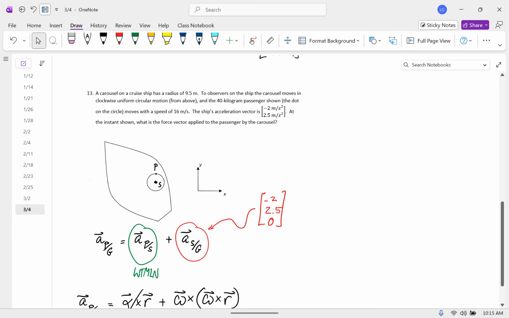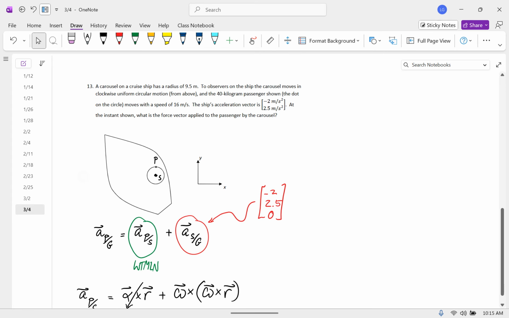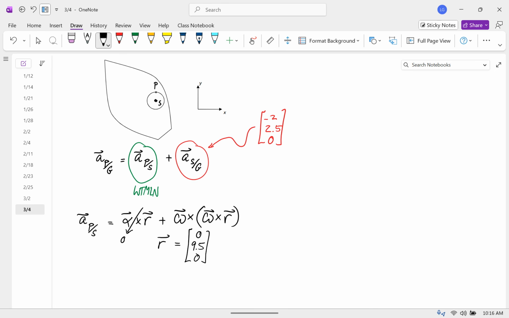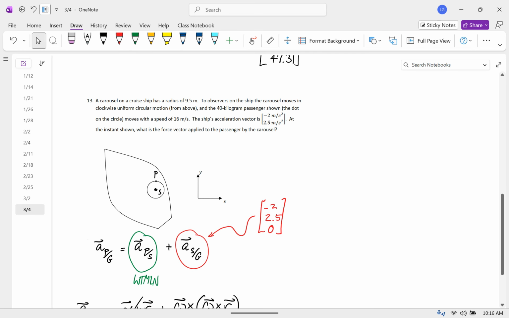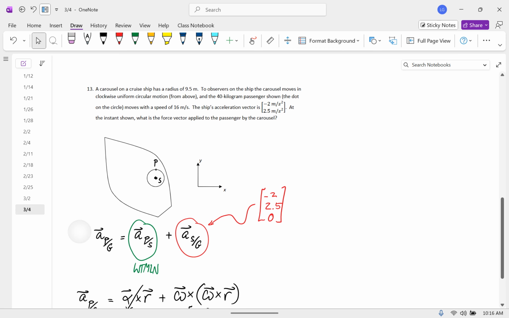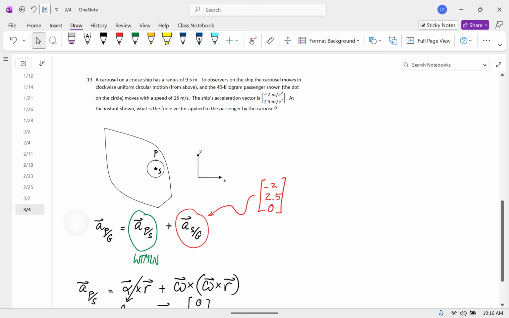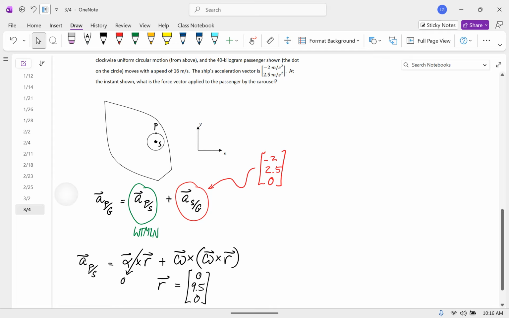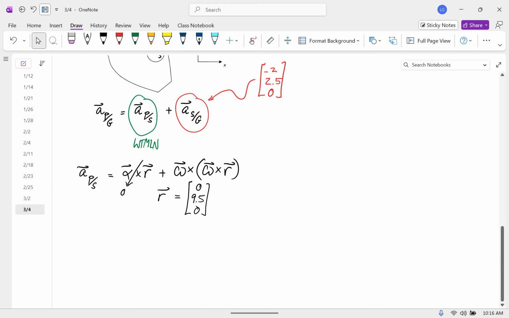R is equal to, this has a radius of 9.5 from the center of the circular motion. The passenger is in the positive y direction. So this is 0, 9.5, 0. And to an observer on the ship, the 40-kilogram passenger moves with a speed of 16 meters per second. Okay, so we have to calculate omega.